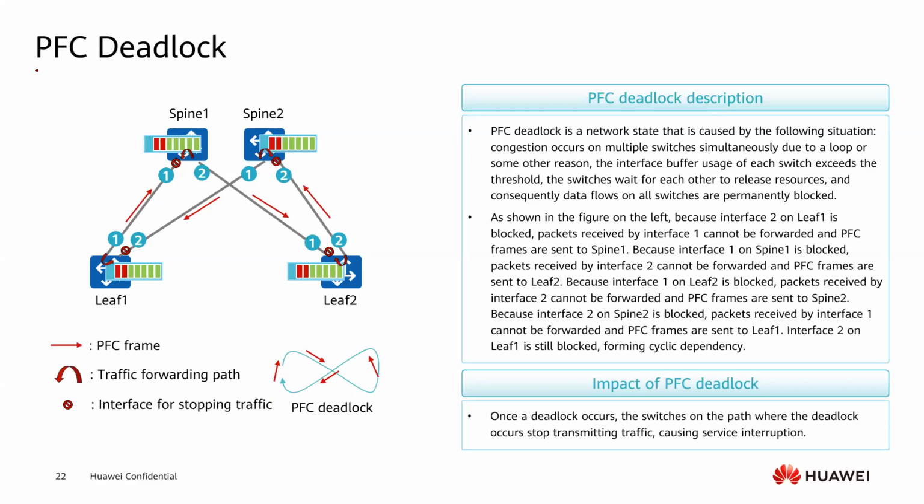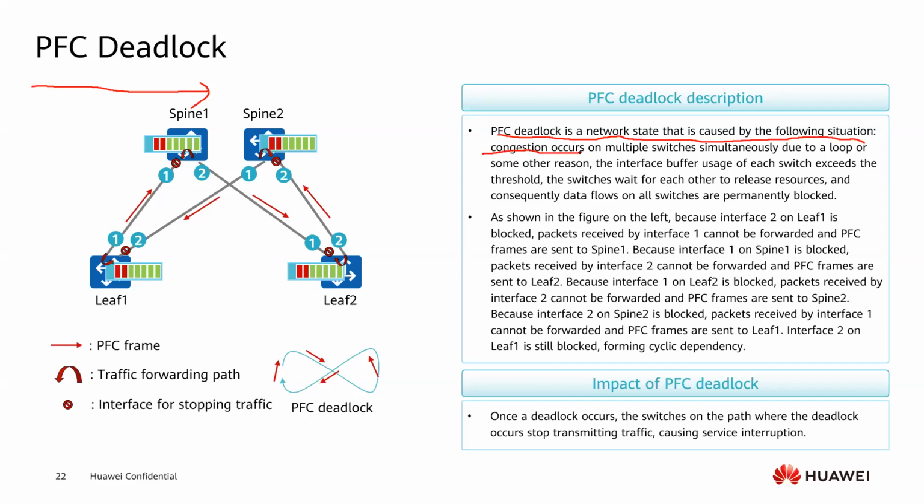Okay, let's see another problem maybe caused by PFC. We call it PFC deadlock. Here we just see what PFC deadlock is. PFC deadlock is a network state that is caused by the following situation.